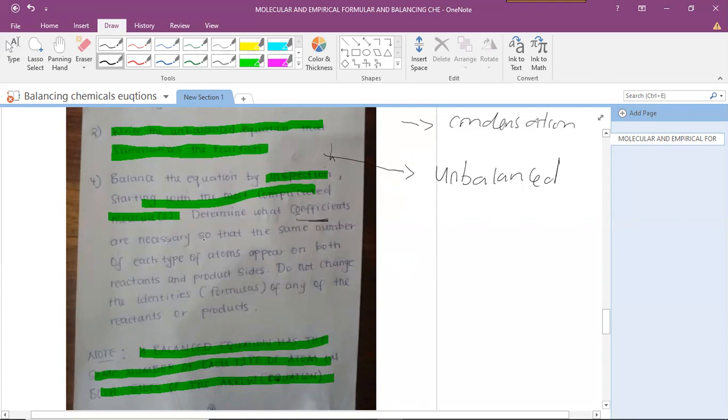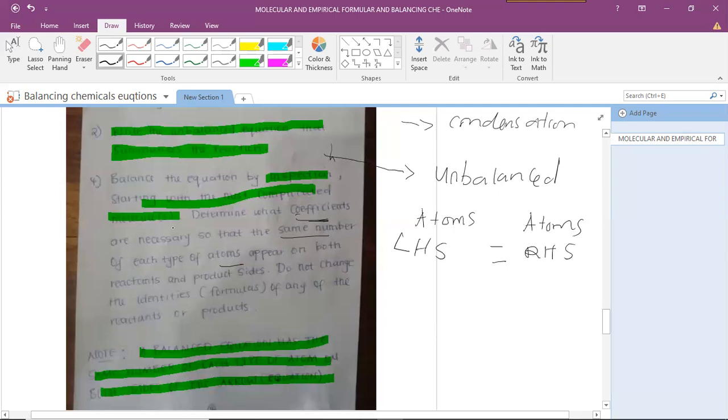What coefficients are necessary so that we get the same number of each type of atom appearing on both the left-hand side and right-hand side?